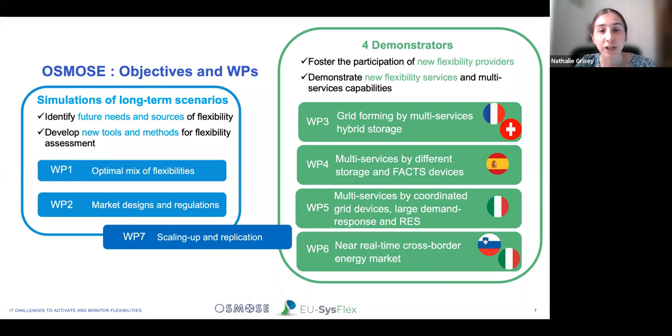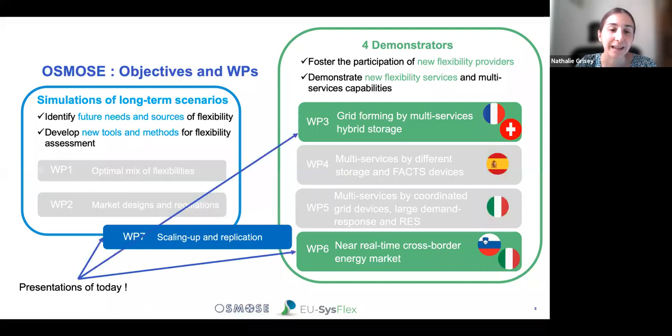On the other end of the project, on the right part of the slide, we have 4 large-scale demonstrators where we want to foster the participation of new flexibility providers, demonstrate new flexibility services, and assess multi-services capabilities. Those four demonstrators are led by transmission system operators. And in between, we have one work package dealing with scaling up and replication activities.